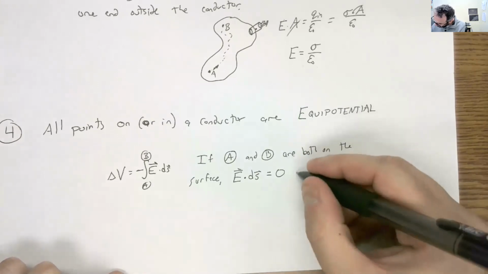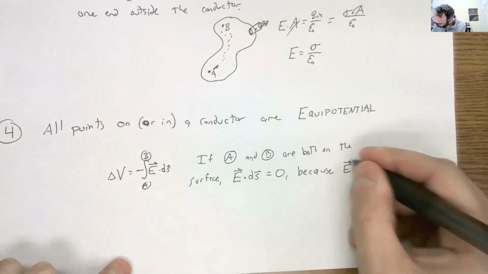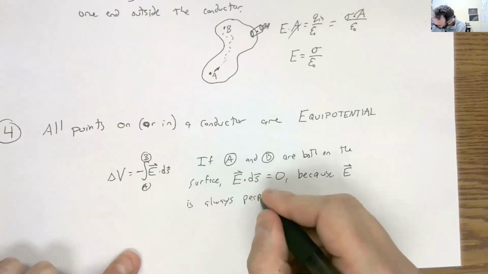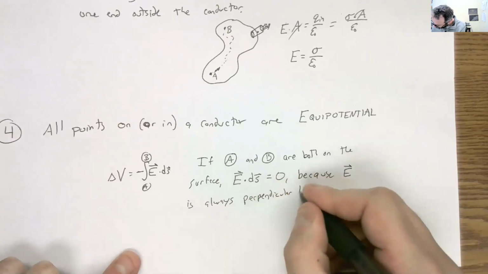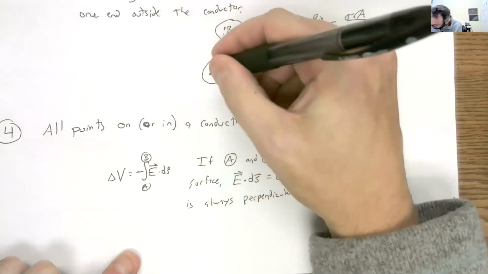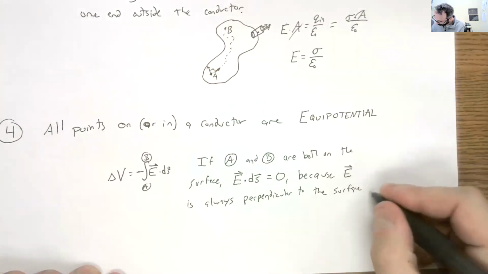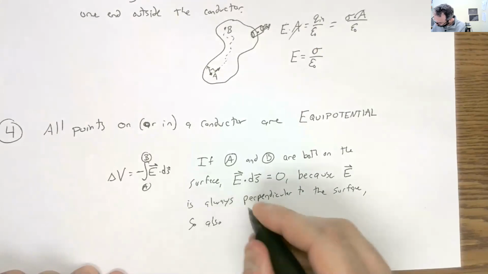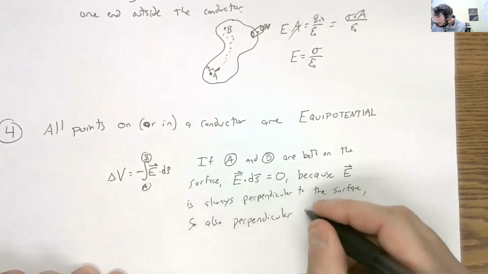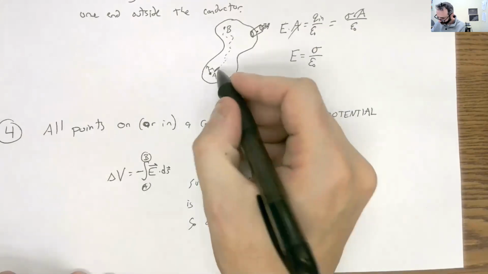And that's just because E is always perpendicular to the surface. So if E is perpendicular to the surface, it's going to be perpendicular to the path ds as well.